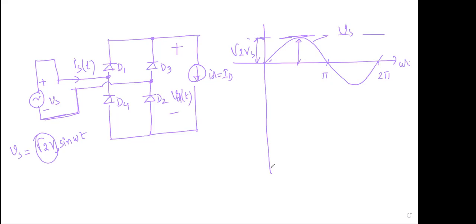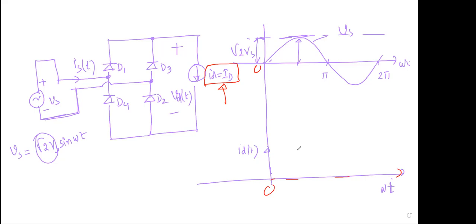Now I am plotting the ID. This is your time, omega t. I want to plot ID. What will be the wave shape of ID? Is it a current source? Constant current?